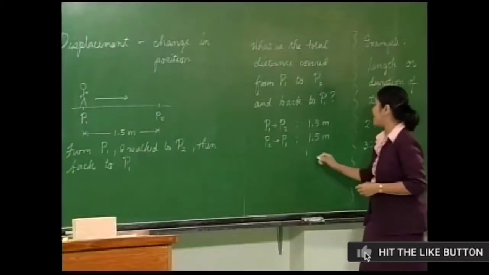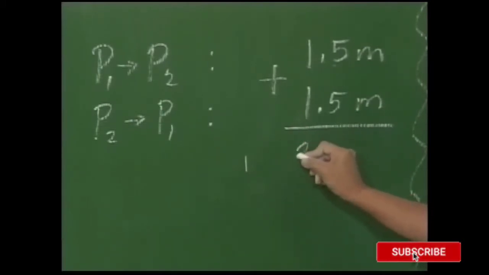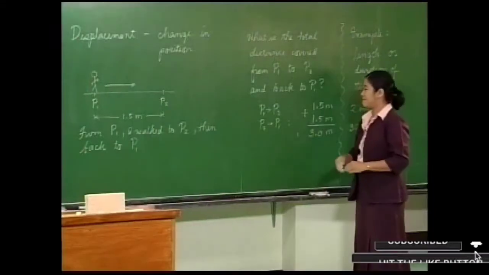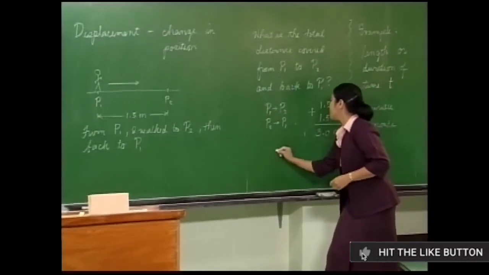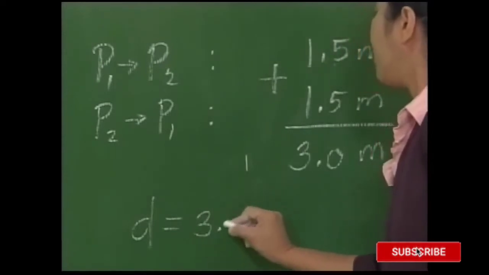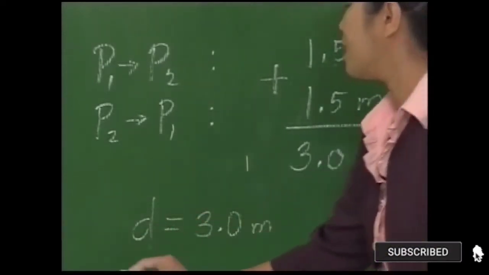And therefore, I simply add, and I get 3 meters. Okay, so this is the total distance. So the distance D is equal to 3.0 meters. This is the distance traveled.